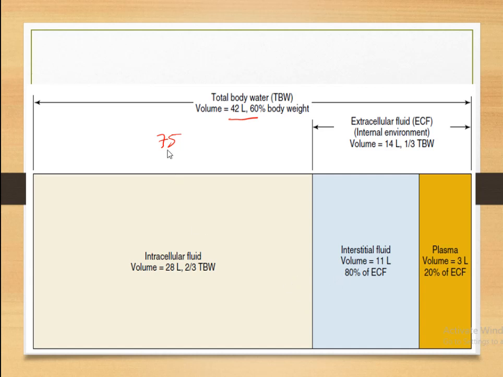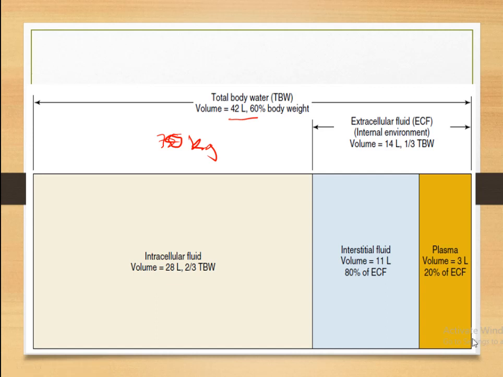These values are for a 70 kg young person. Water makes up 42 liters, which is 60% of body weight. Remember, these values are not for decorations. These values will help you in terms of calculations.